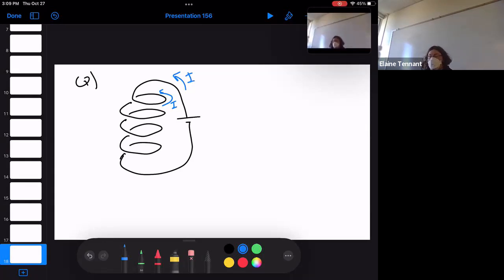When I turn the battery on and current starts to flow, is the spring going to compress? Is it going to expand? Or is it not going to change?